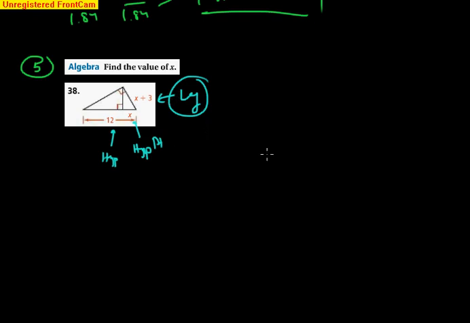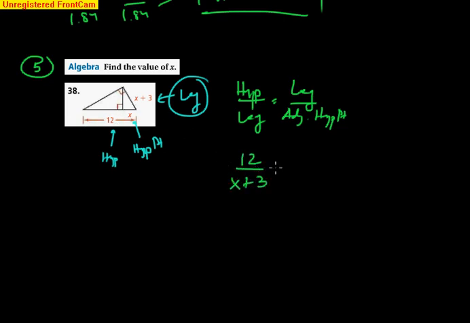And to recall what the leg idea is, it is the entire hypotenuse over the leg equals the leg over the adjacent hypotenuse part. So what is the hypotenuse? Well, it's 12 over the leg, which is x plus 3, equals the leg x plus 3 over, and now the adjacent hypotenuse part is right here, x. Right, it's the one next to x plus 3.